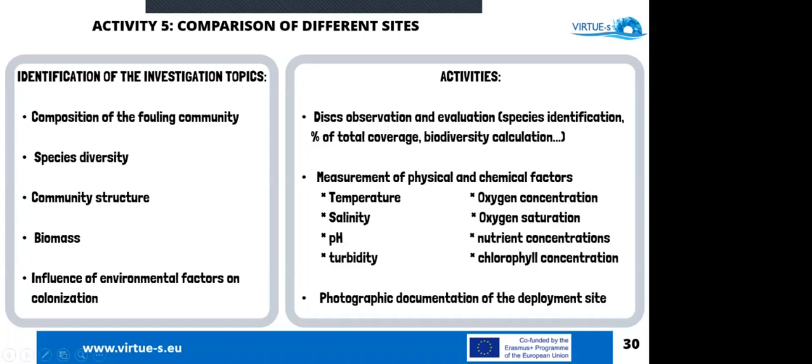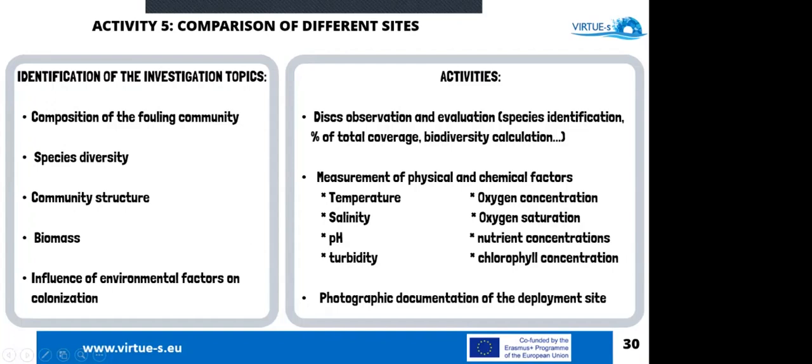For this type of experiment, it is also useful to measure physical and chemical parameters of the seawater in order to better characterize the two environments where the disks are deployed. So students can undertake measurement of temperature, salinity, pH, turbidity, oxygen concentration, oxygen saturation, nutrient concentration, or chlorophyll concentration.